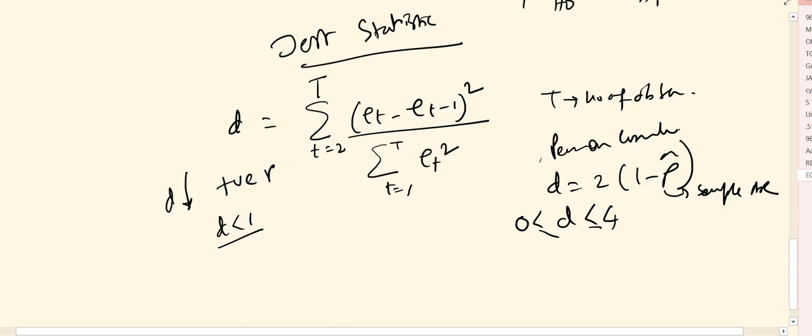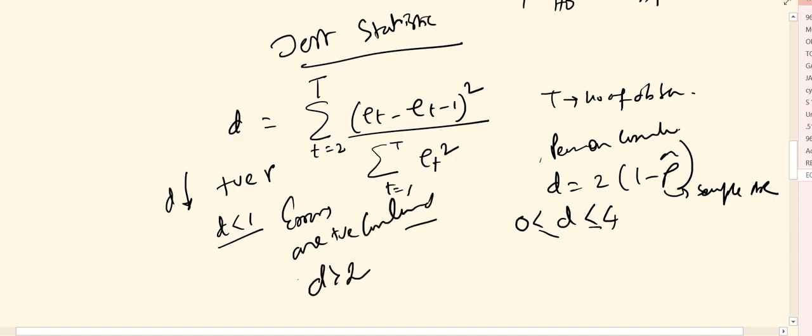Small values of D indicate successive error terms are positively correlated. If D is greater than 2, successive error terms are negatively correlated. Okay, so this is very important.